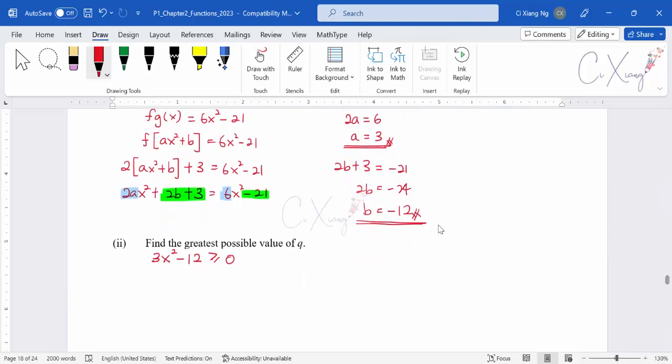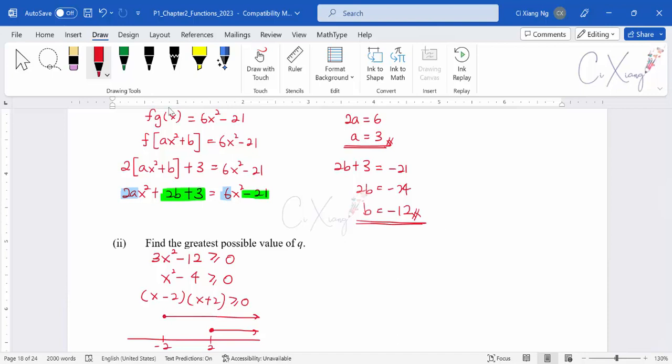Then I need to solve this quadratic inequality. If I simplify the 3, I have x squared minus 4 greater than or equal to 0. When I factorize it, I have x minus 2 and x plus 2 greater than or equal to 0. To solve this quadratic inequality, there are many methods you can use: a number line, a table of signs, or you can just sketch the diagram, whether a U shape or N shape, and then determine.